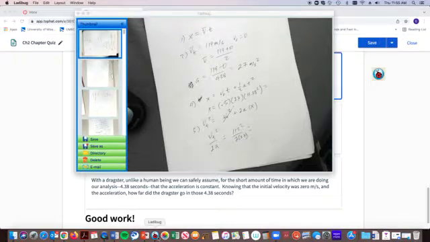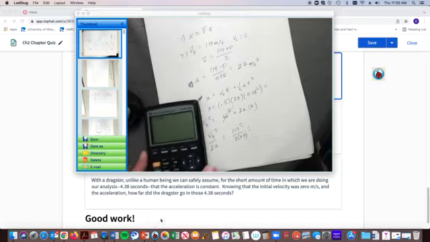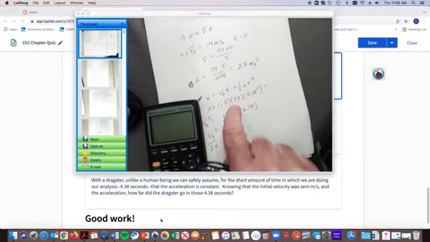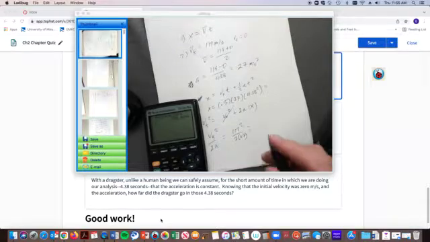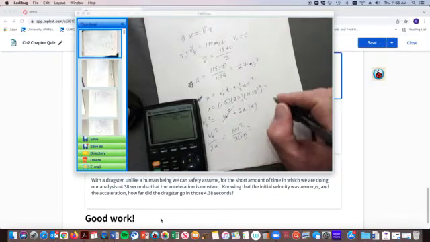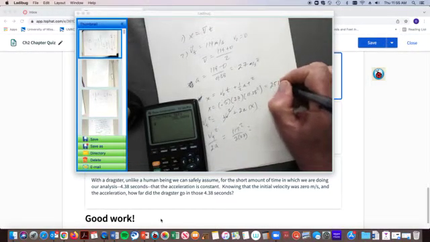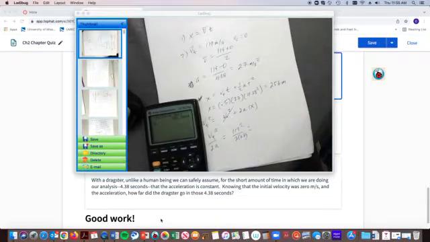So it's 0.5 times 27, times parentheses 4.38 squared, 258 meters, or 256 meters. Let's call that 256.